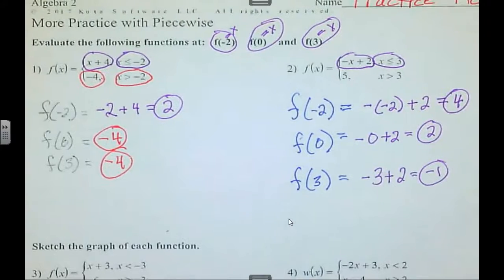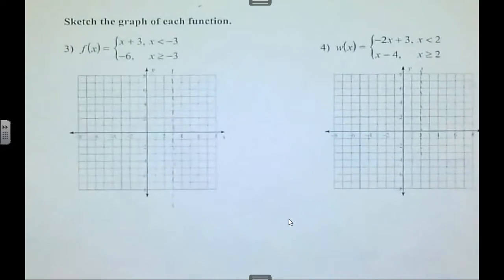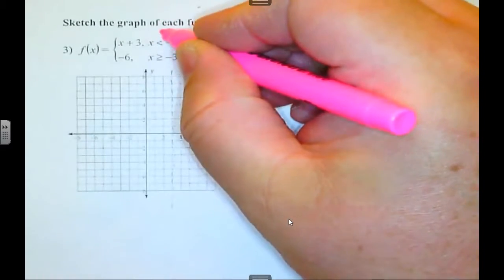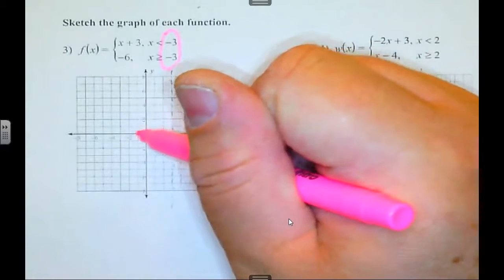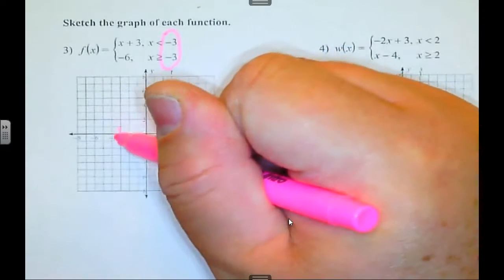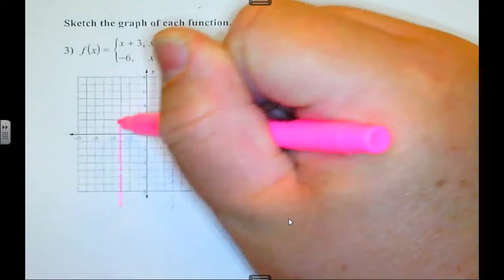All right, number 3. My boundary line is -3. So here's -3. Here's my boundary line.